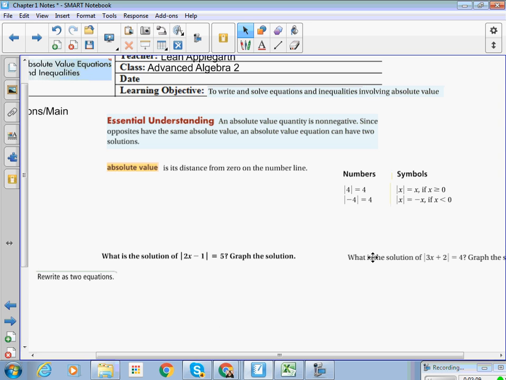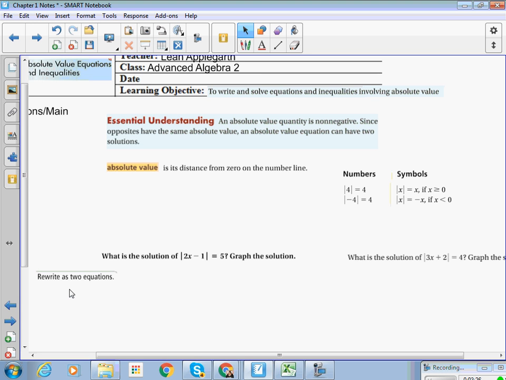Okay, so I'm going to scoot this one over. That's the second one. All right, so the first step in absolute value is to rewrite as 2 equations. There are possibly 2 solutions, so we're going to take into account both.